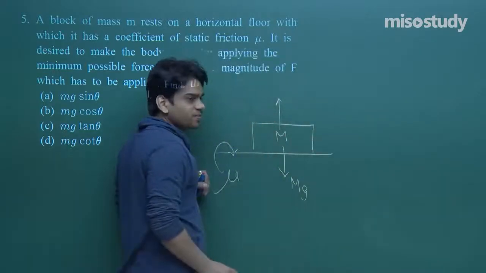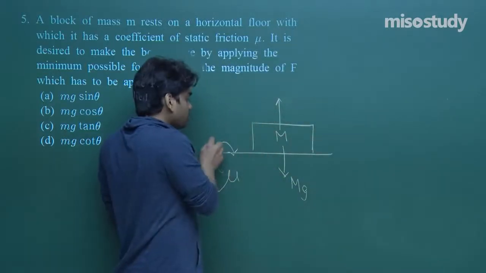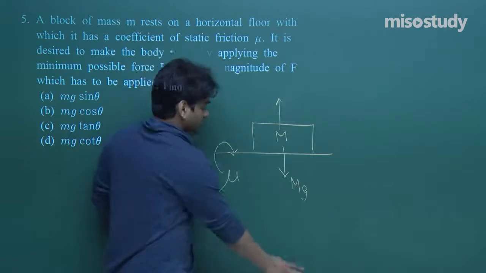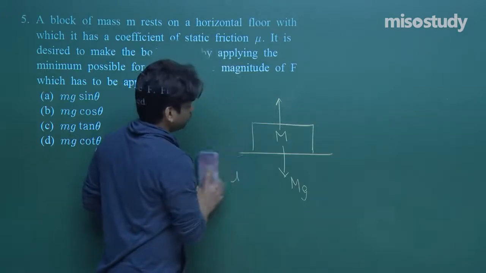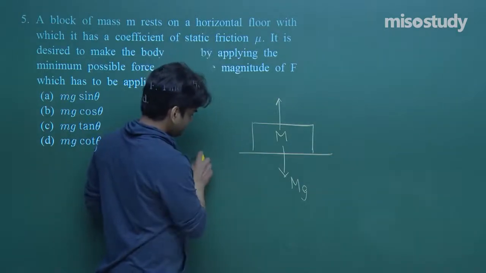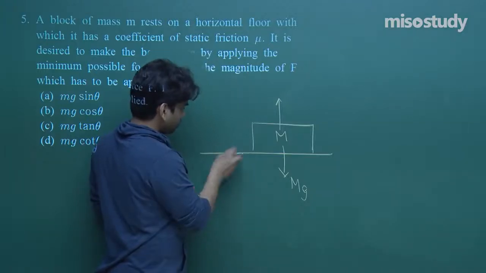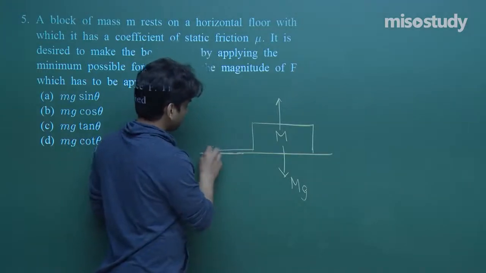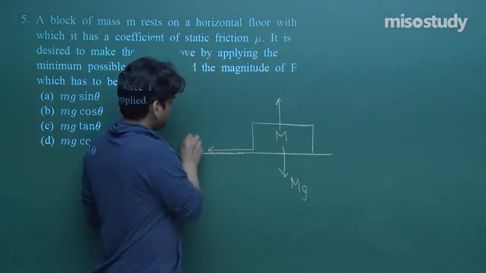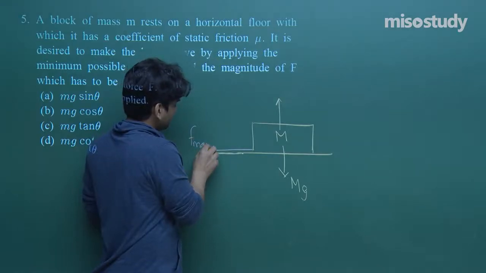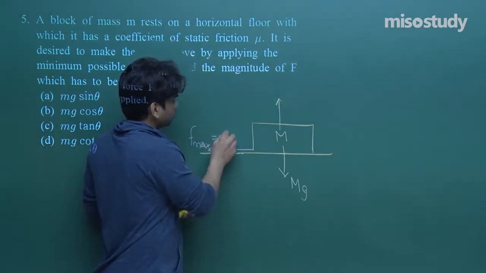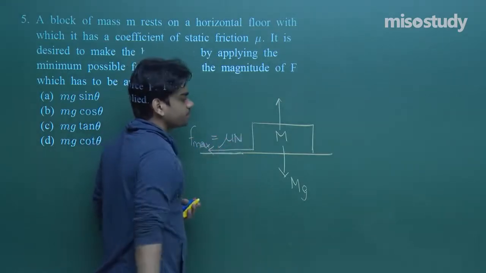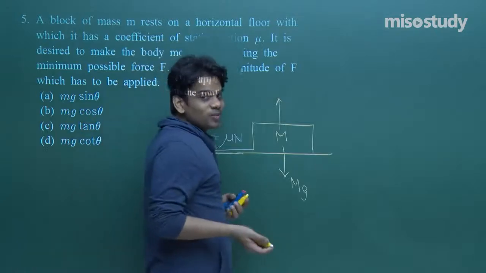Now the maximum friction force that can act on this block will be given as F max is equal to mu into n.